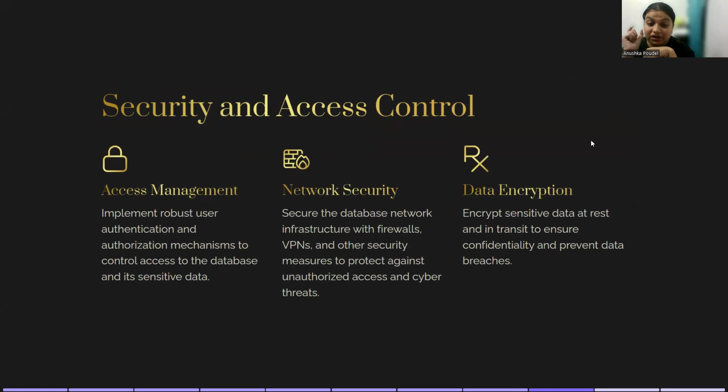Secure the database network infrastructure with firewalls, VPNs, and other security measures to protect against unauthorized access and cyber threats. Data encryption. Encrypt sensitive data at rest and in transit to ensure confidentiality and prevent data breaches. So you need to encrypt your data, make sure the network is good, and the user should be the only one to access it with authentication.